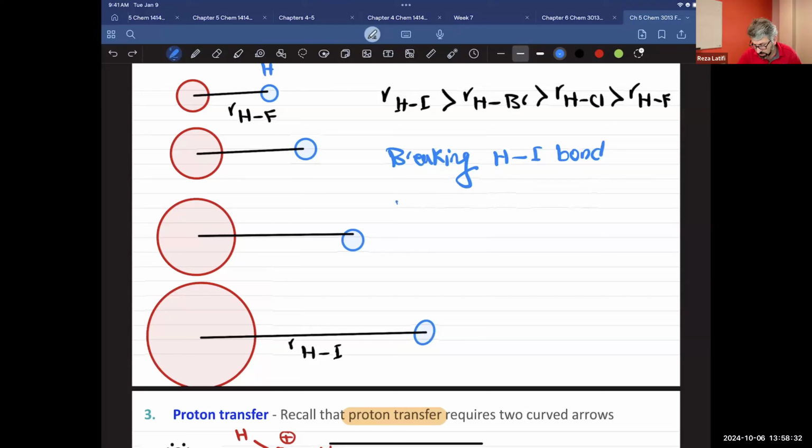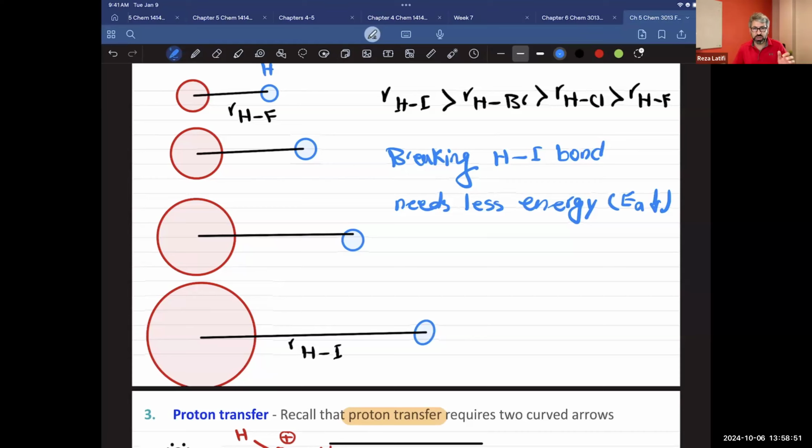It needs less energy, meaning activation energy is way lower. So if that one requires the minimum energy, it will be the easiest to break.